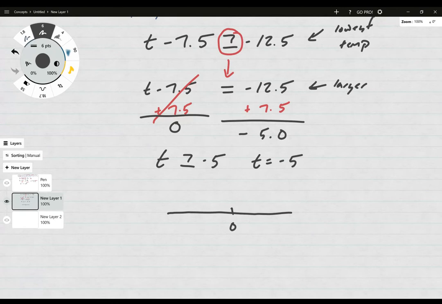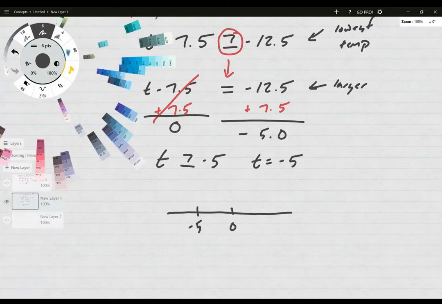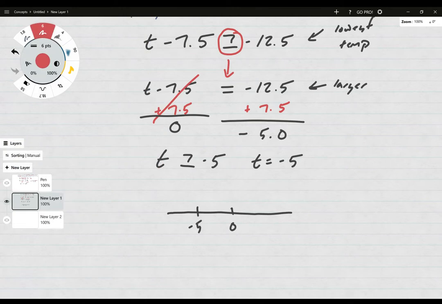Here's 0, and here's negative 5. It's going to be a closed circle because it's equal to. But the question is, is it going to go left or is it going to go right? An easy way to test is to pick a point for t. So let's say t equals 0, because here's 0 right here.